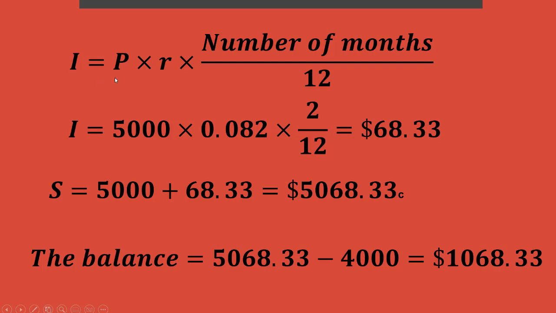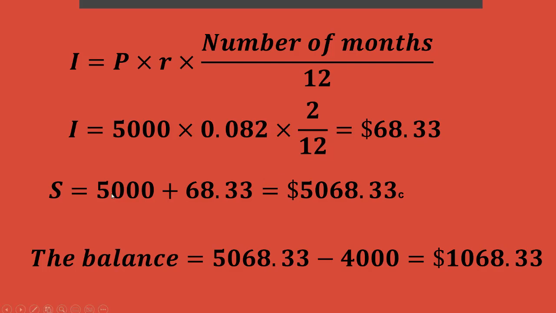I equals P times R times number of months over 12. So I equals 5,000 times 8.2% times 2 over 12, which is equal to $68.33.